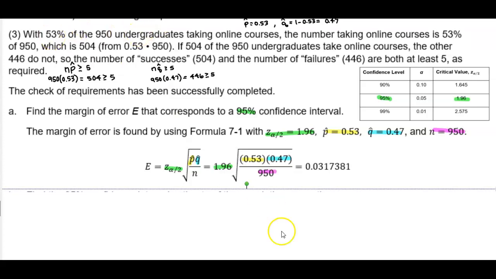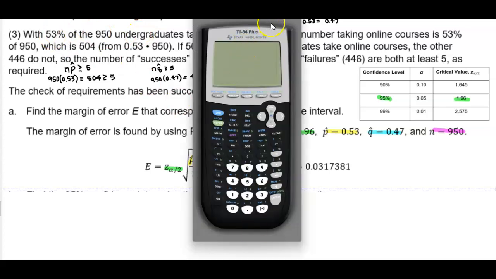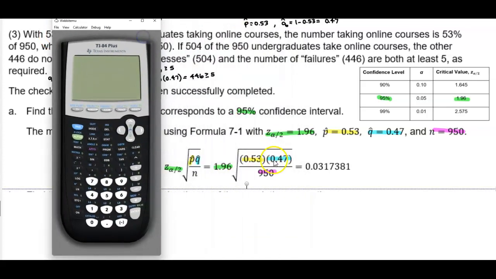So let's go ahead and do this on a calculator. The best way to do this on a calculator is the following. Do what's inside the radical first, because you want to follow order of operations. Looking at the numerator, we take 0.53 and multiply that by 0.47, then enter, and then divide that by 950, and that's going to give us our answer.